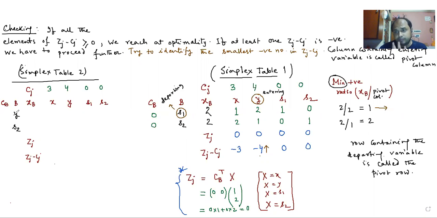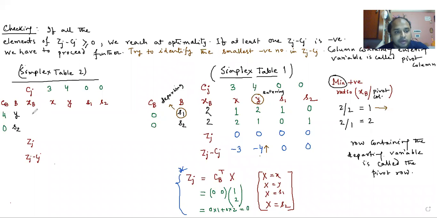His time hasn't yet come. And once y entered the classroom, the teacher is asking, what is your contribution in the objective function? And y is replying, my contribution in the objective function is 4. So the teacher is noting, what is your roll number? My roll number is 4. And S2's roll number is 0, because here in the classroom the roll number starts with 0. So I am putting 0 over here.